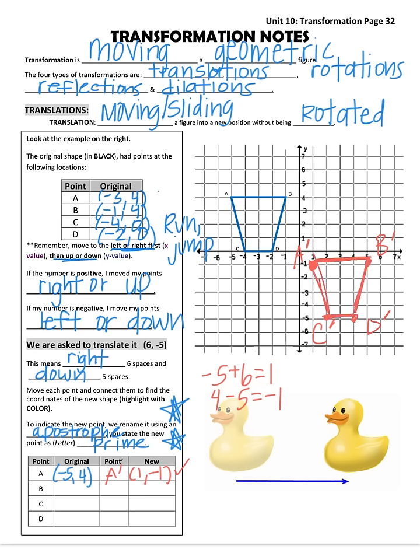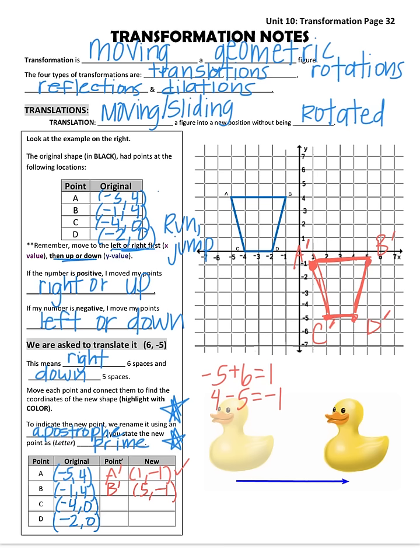Okay, let's copy down the ordered pairs. So we have B at negative 1, 4. I'm just copying this from the table up here. C was negative 4, 0. And D was negative 2, 0. Alright, B prime. So we got B prime at 5, negative 1.